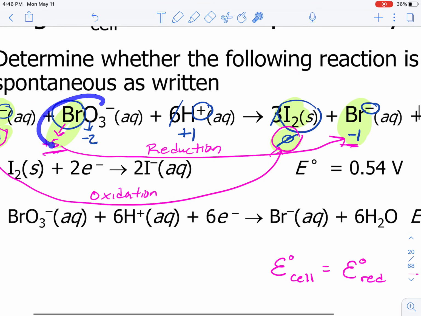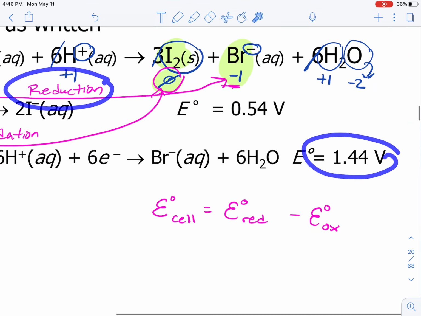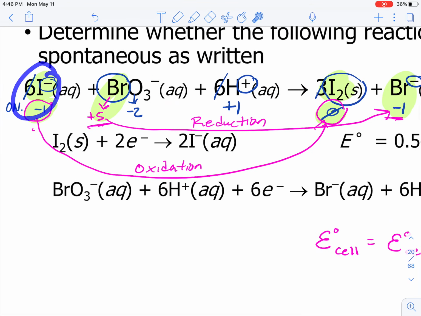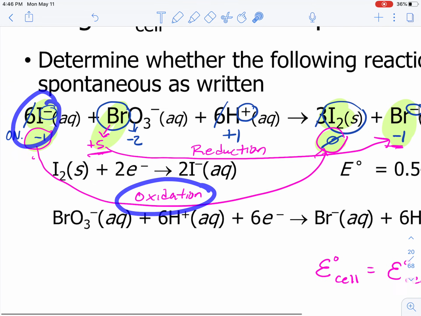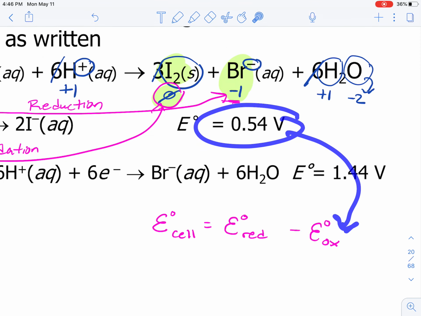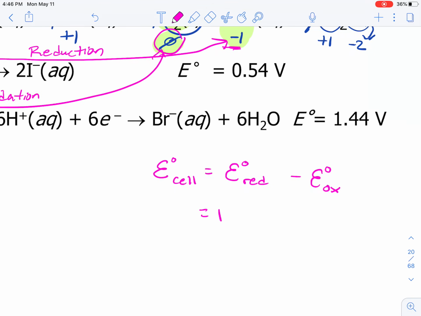Since the bromine in bromate is undergoing reduction, that means this 1.44 is going to go in the front, leaving me with iodine, which is undergoing oxidation. Therefore, this value, 0.54, is going to go behind the minus sign. So here I have 1.44 minus 0.54. If I subtract those two, that's going to give me 0.90 volts.